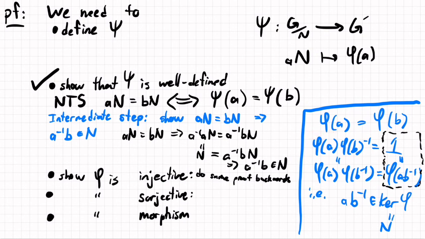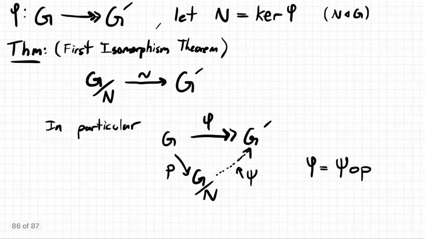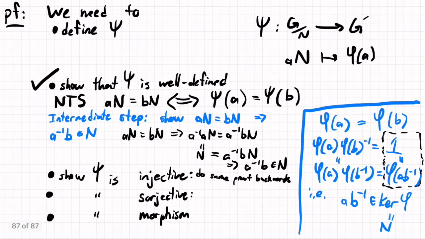But the point is that the map we're really talking about, that we're defining, is this map right here. And the reason it's surjective is because phi is surjective.